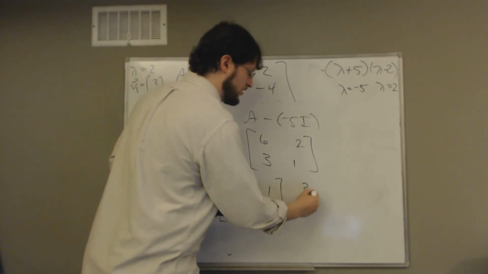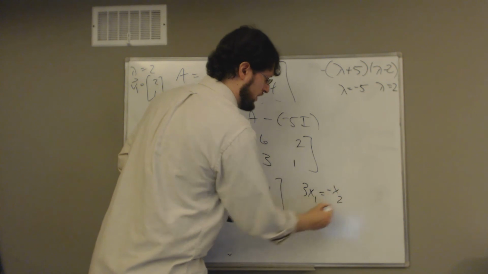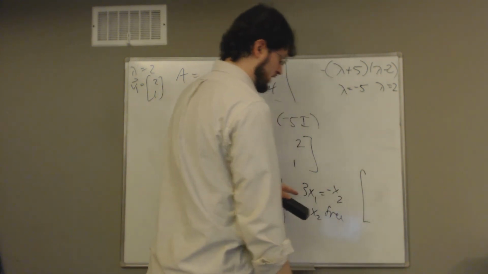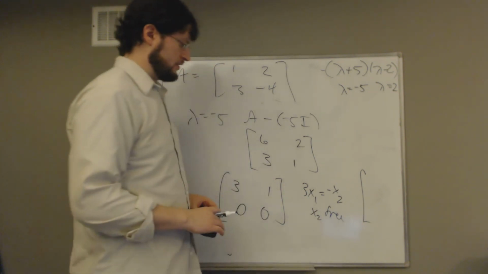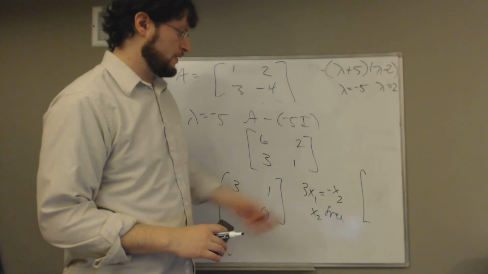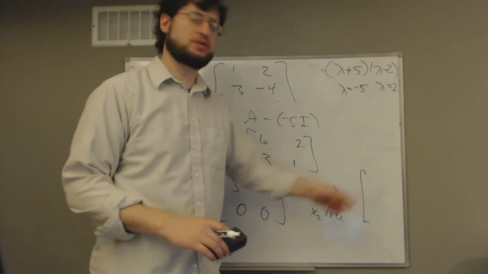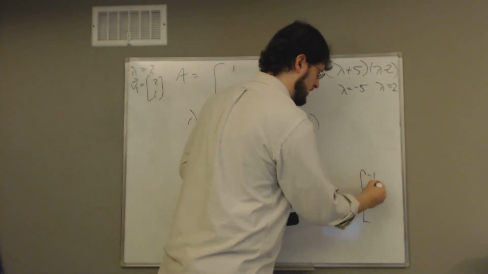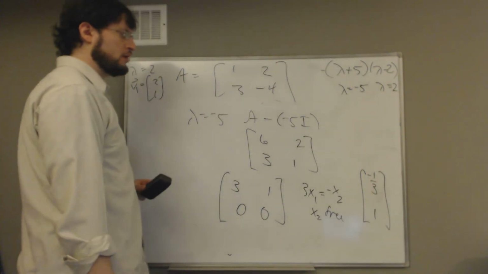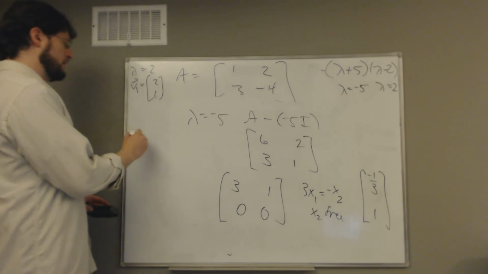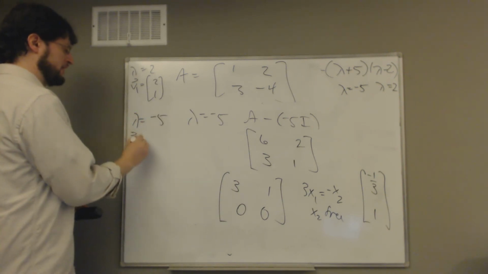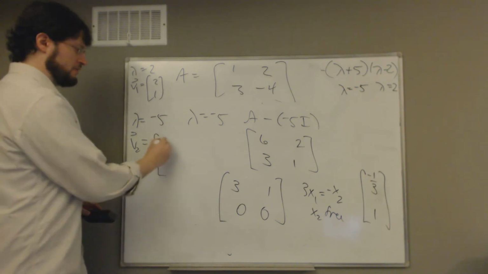So this says that 3 x1 is minus x2 and x2 is free. So x1 is minus 1/3 x2, so minus 1/3, and x2 is free, so we get 1. But if I multiply by 3, then I'm going to conclude that my second eigenvector is [-1, 3].